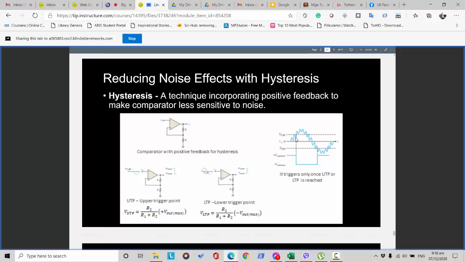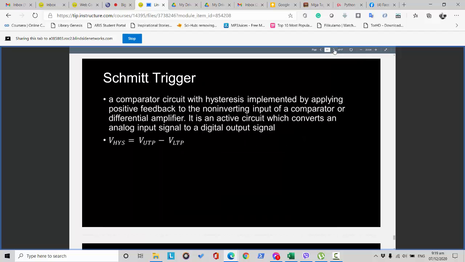So we have here the upper trigger point and the lower trigger point. This hysteresis triggers when UTP or LTP is reached. Like in this example, this one is triggered by the UTP, and in this case LTP is triggered. Now we also have a Schmitt trigger.